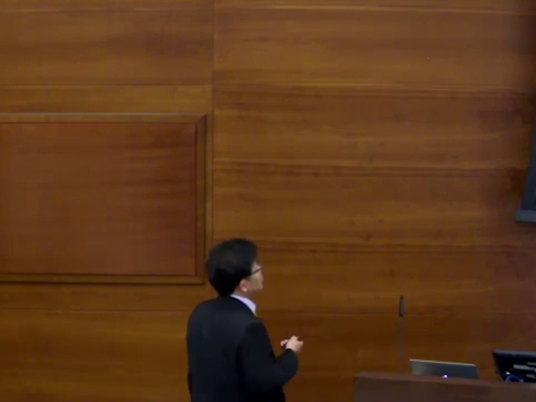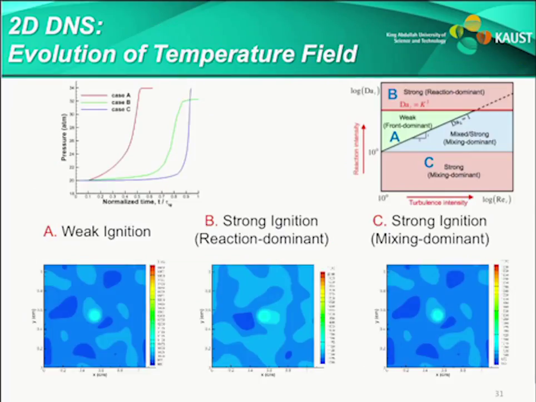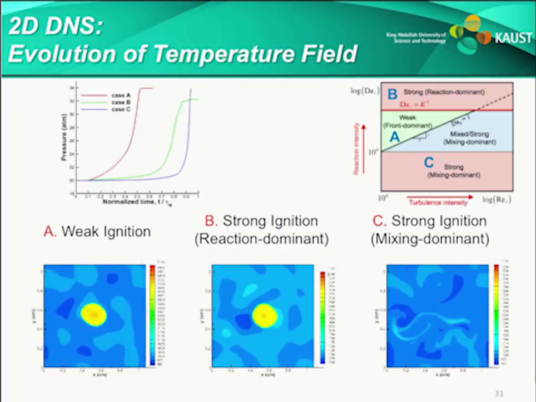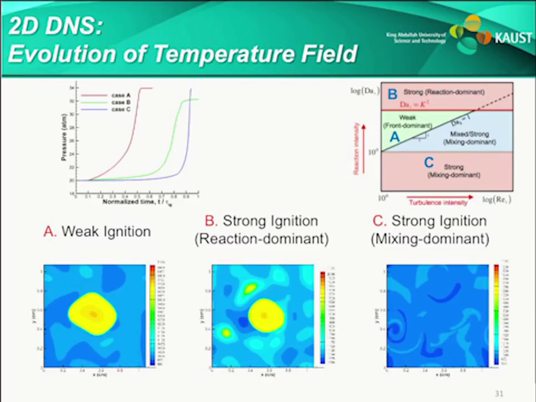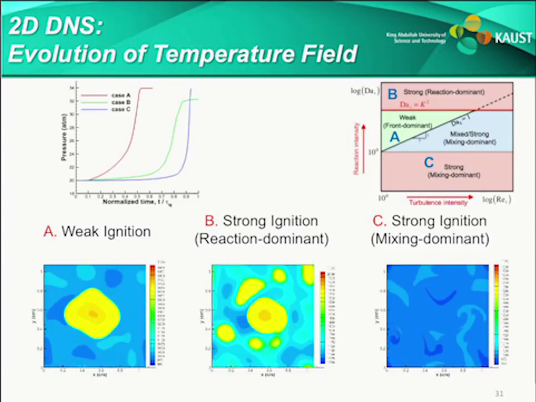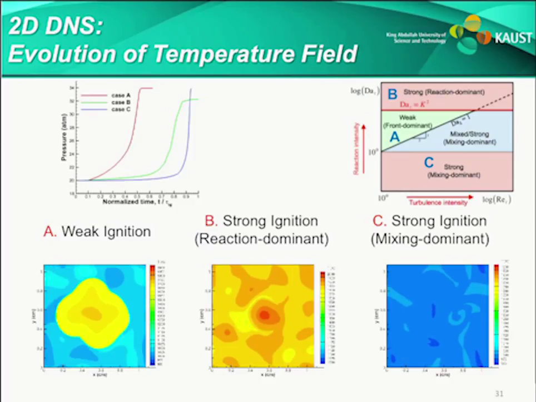I have validated this result by mapping the experimental measurement cases onto the plot. Obviously, there are a lot of assumptions involved because we don't know exactly what u prime and T prime are in the RCM, but they seem to match our predictions fairly well. I have also conducted 2D simulations in 3 cases to demonstrate what I just said in a visual manner. With weak ignition, you have front propagation all the way. With reaction dominant strong ignition, you will still see some ignition front propagation, but before it reaches too far, the rest of the mixture ignites too.